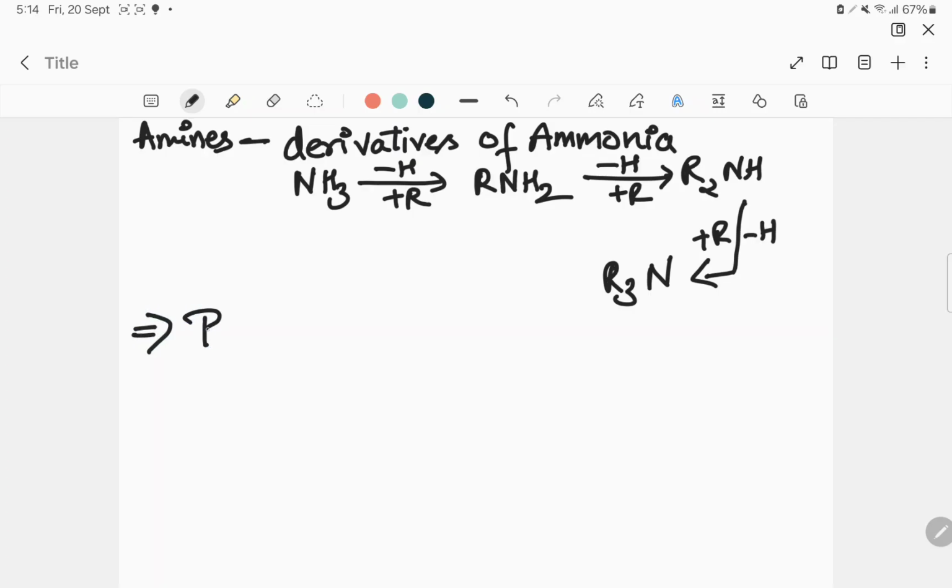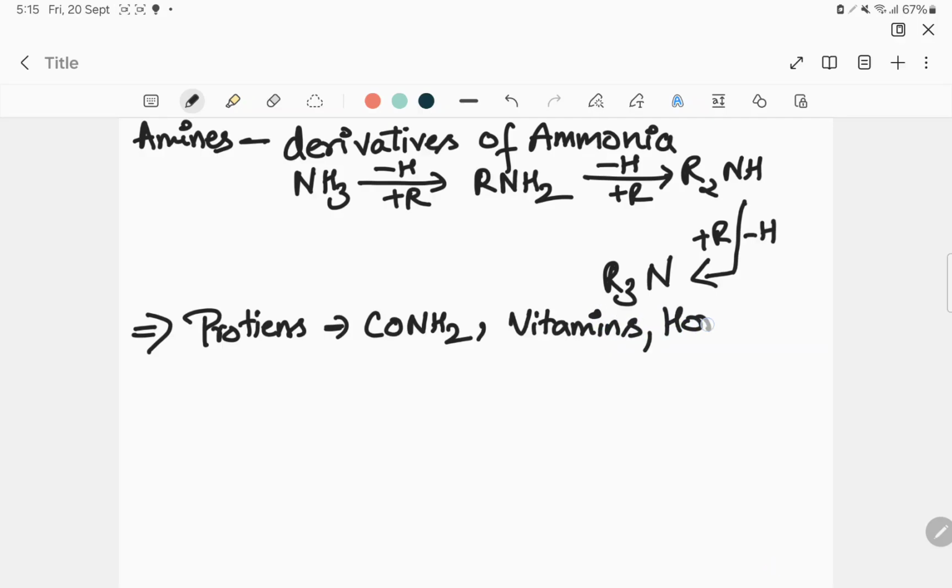They are found in proteins in the form of amide linkages, CO NH2, also found in vitamins and in hormones.